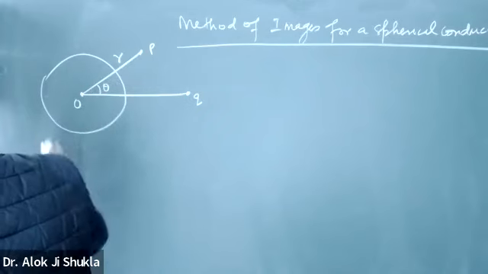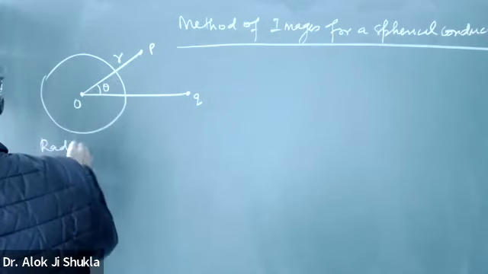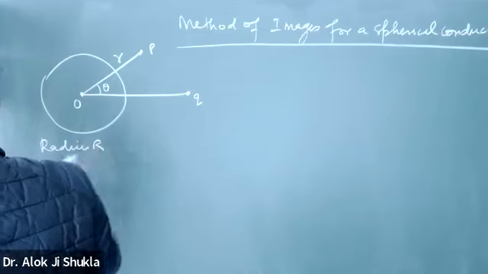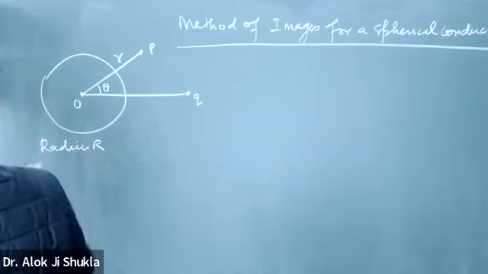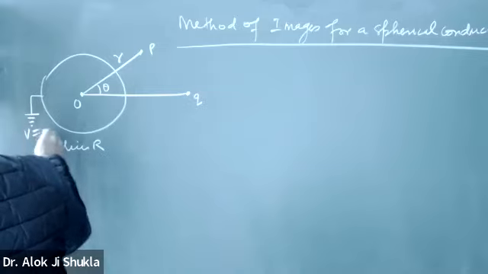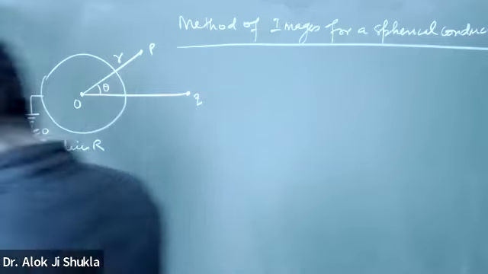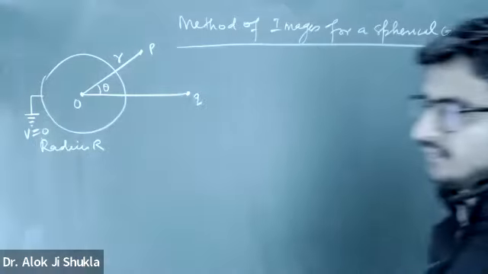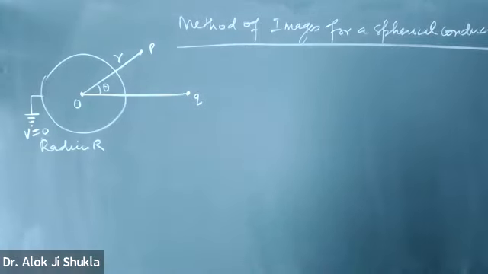Its radius is capital R, and this is kept at zero potential. So a point charge Q is situated at a distance small a from the center of a grounded conducting sphere.